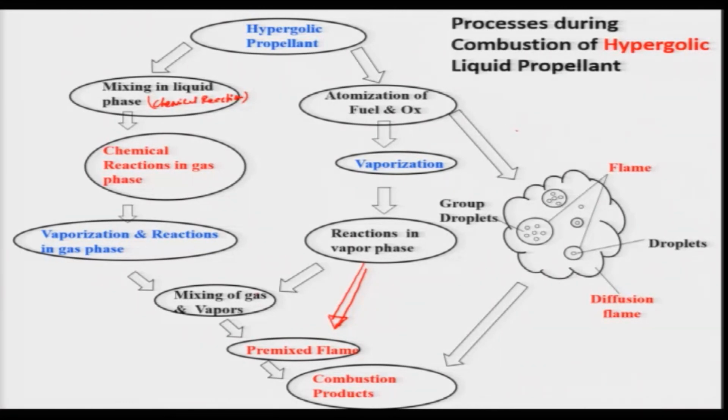There might be other things occurring simultaneously, that means fuel and oxidizer will be there, as I told, this is your flame, and there might be a group of droplets having some flame. These will be occurring, surrounded again by a diffusion flame, and this can become better, so that it will lead to the combustion product.